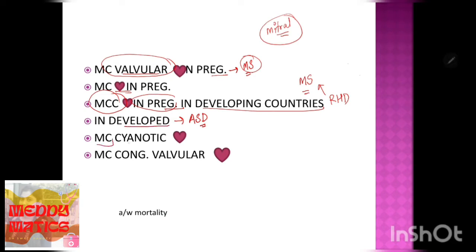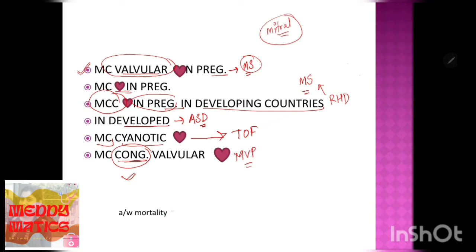The most common cyanotic heart disease during pregnancy is TOF, and the most common congenital valvular heart disease during pregnancy is mitral valve prolapse. Note the word congenital: the most common valvular heart disease in pregnancy is MS, and the most common congenital valvular one is MVP, mitral valve prolapse.